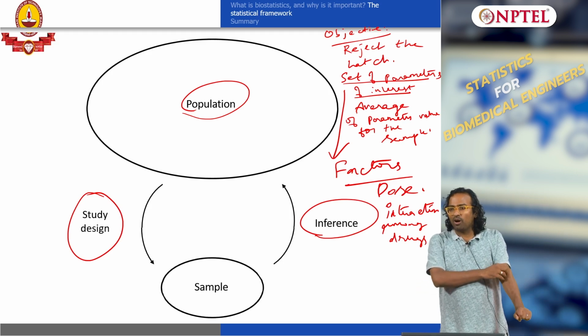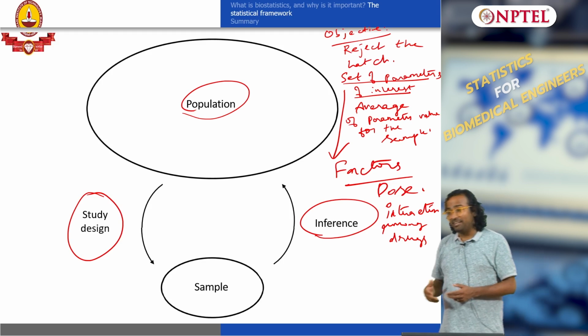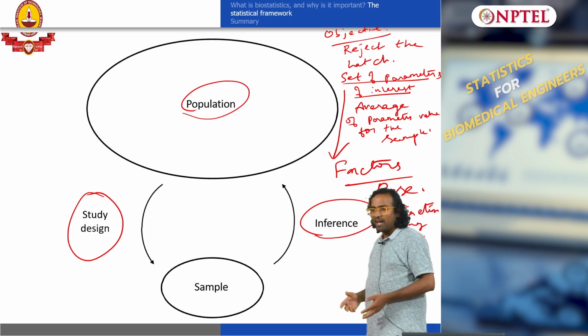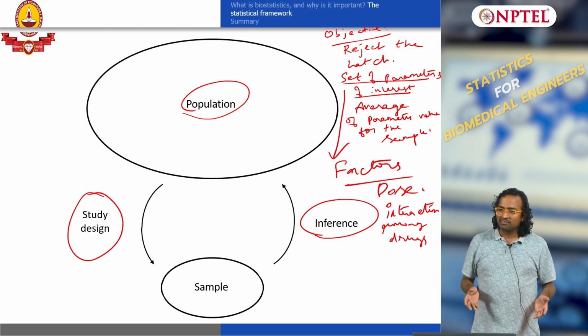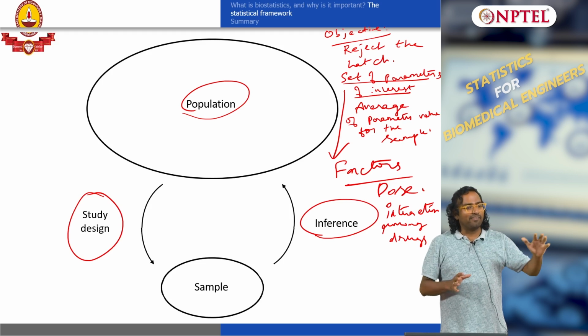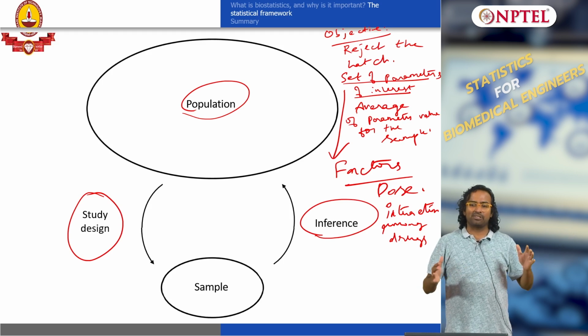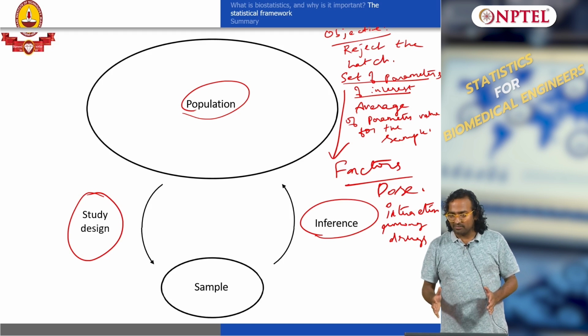You want to avoid biases, so you want to do it for different genders, different age groups, and you want to look for different dose levels and known interaction among drugs. Then when you enumerate all of this, sample size will start increasing, the design will get complicated, okay.